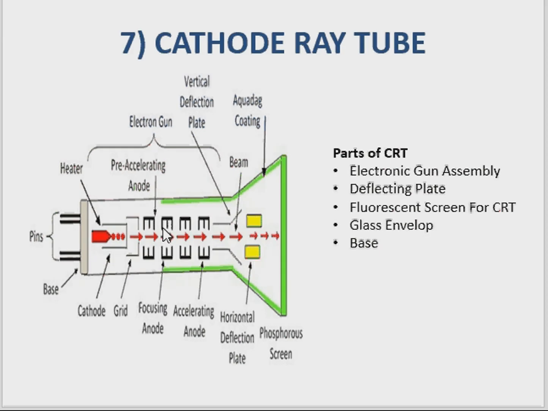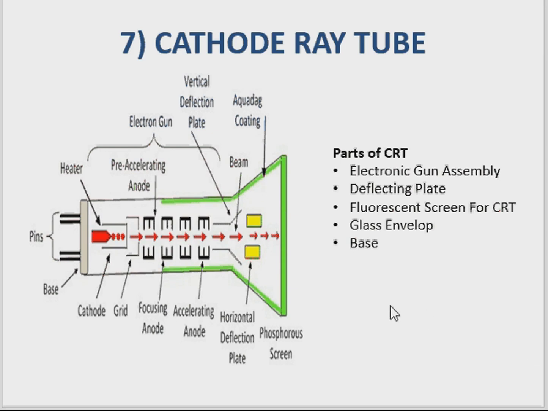The electrons that strike the screen with high velocity generate a bright light spot on the screen. If the beam moves so fast, the light spot appears as a waveform on the screen. That's why we have to accelerate the speed of the electrons between the neck and the screen of the CRO, which is done by means of this aquadag coating arrangement.